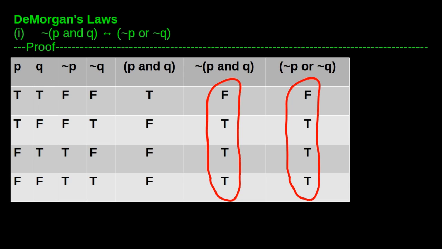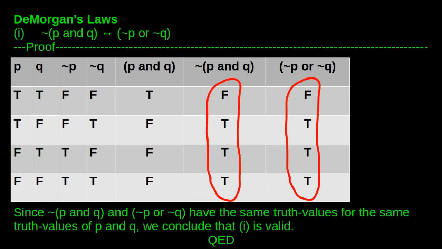That is, you get the same result. In other words, they're equivalent, and that's what we were aiming to prove. And so we conclude, since not (P and Q) and not P or not Q have the same truth values for the same truth values of P and Q, that Part 1 is valid.